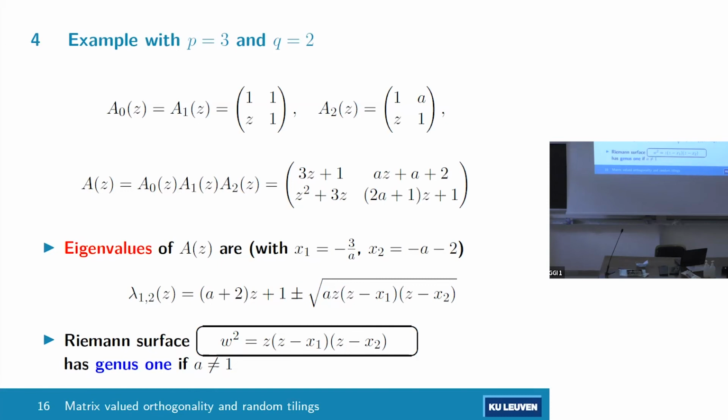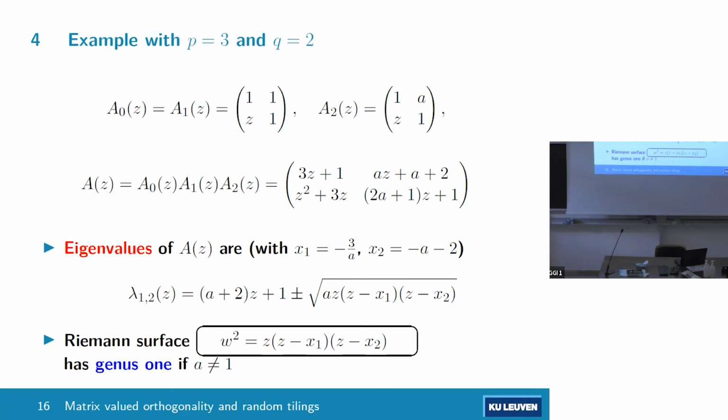And in A2, I put in a parameter A, some positive parameter that breaks it away from the uniform model. If A is 1, we get the uniform model again, but this is a one parameter deformation of that. Then I took the product, just to show you that I can take products of matrices. This is what it is.